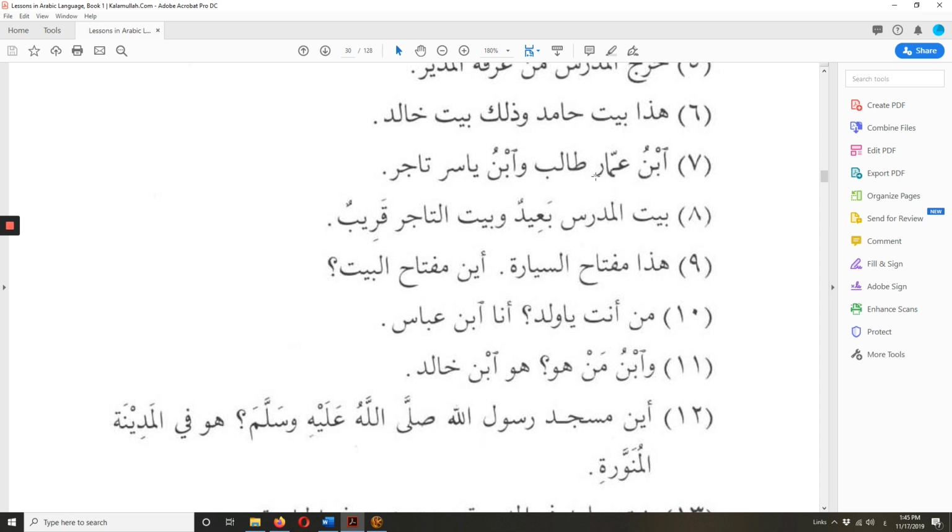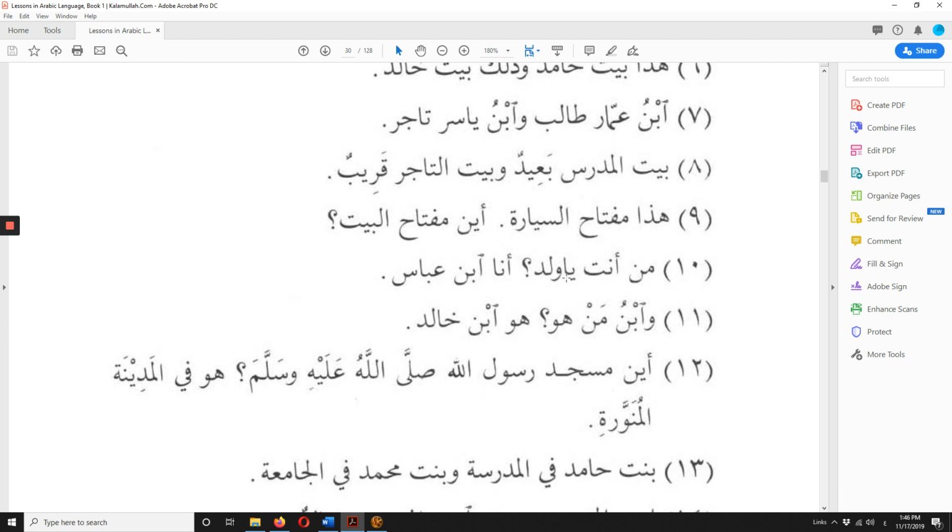So ابن عمار طالب وابن ياسر تاجر. بيت المدرس بعيد وبيت التاجر قريب. هذا مفتاح سيارتي. أين مفتاح البيت؟ من أنت يا ولد؟ أنا ابن عباس. وابن من هو؟ هو ابن خالد.